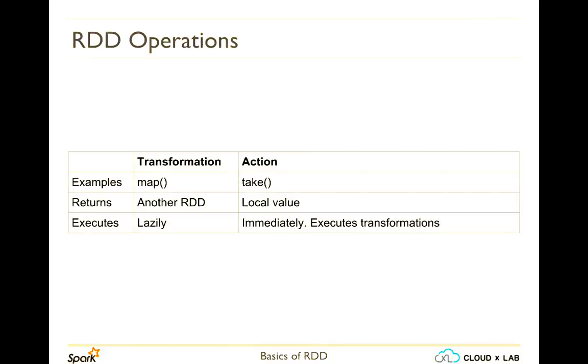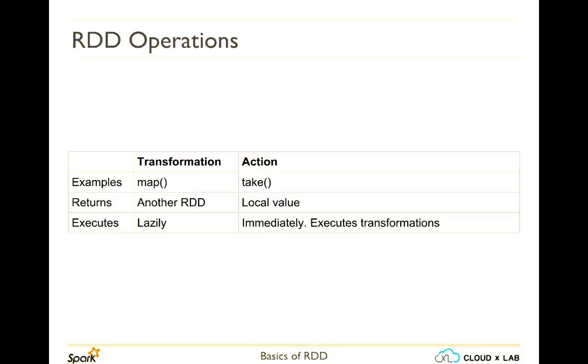Now, what we just learned was that there is something called transformation and something called action. The examples of transformation was map, action was take. A transformation generally returns an RDD, while an action returns a local value.